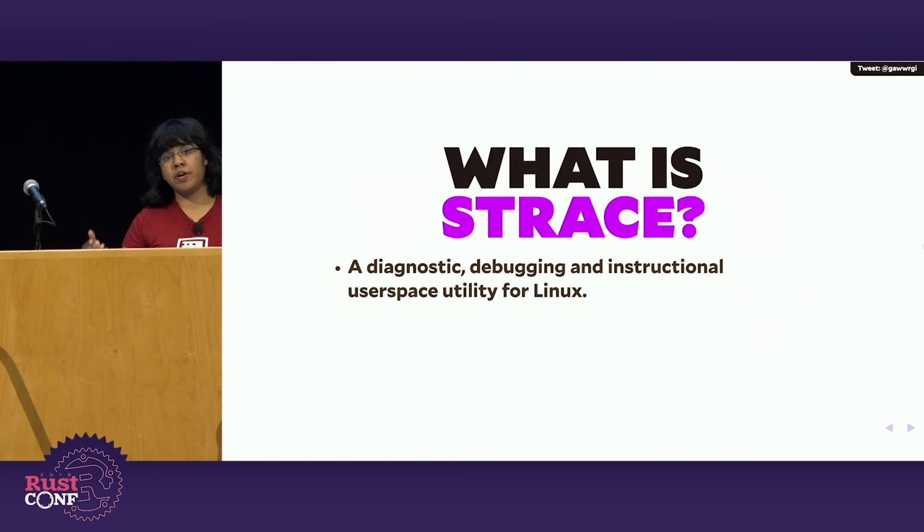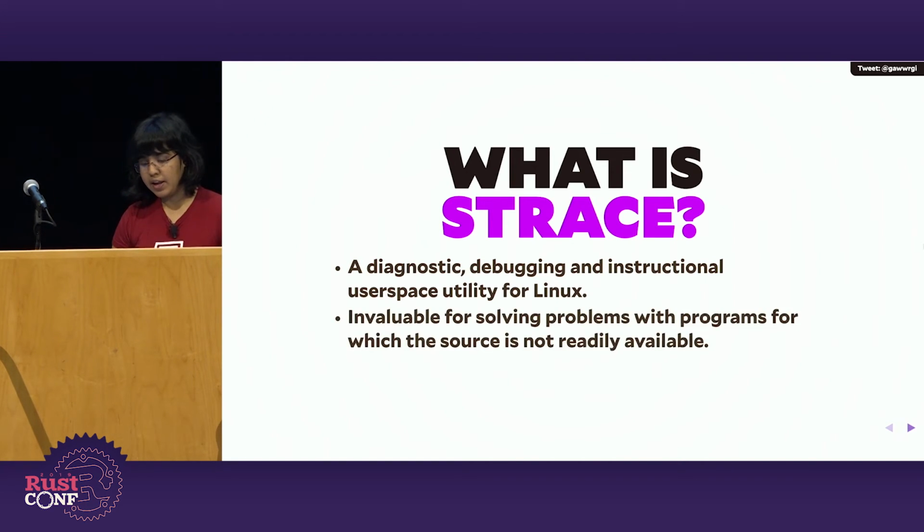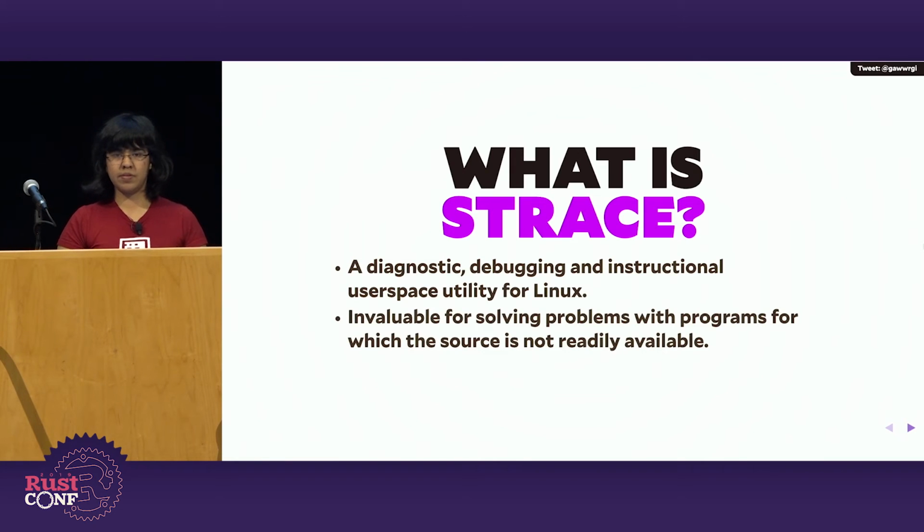So if you have a program and you want to optimize it for its performance, and you see that it's making more open calls than you thought it would, you can go and optimize. STrace will tell you how many open system calls your program is making. It's also invaluable with closed source programs.